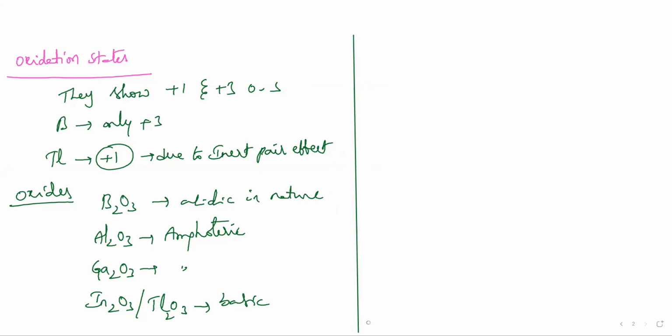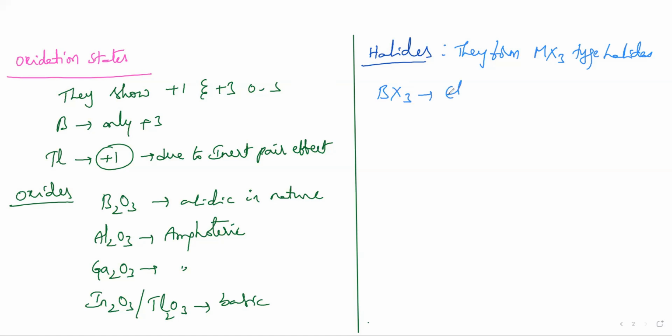Next part, halides. What about halides? They form MX3 type halides. But if you consider boron trihalide, this is electron deficient.